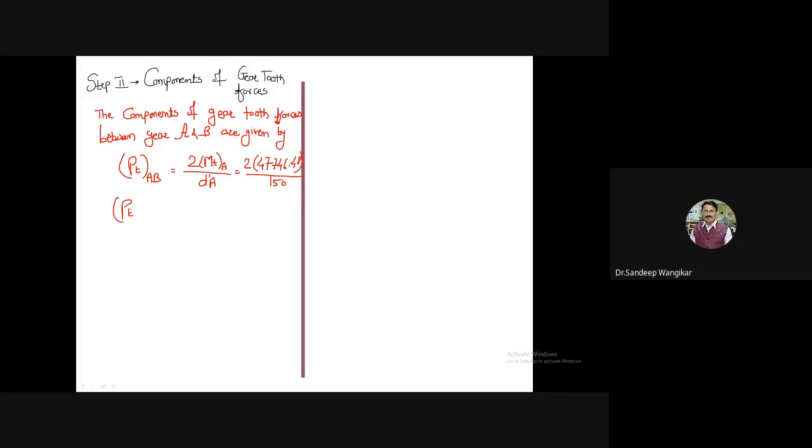So you will get the answer: PT, that is the tangential force between A and B, PTAB, is equal to 636.62 Newton.